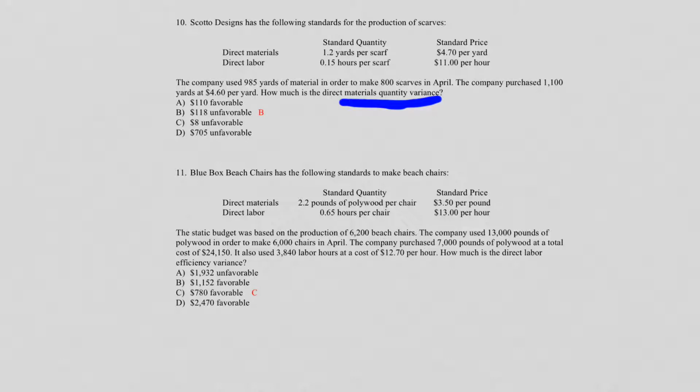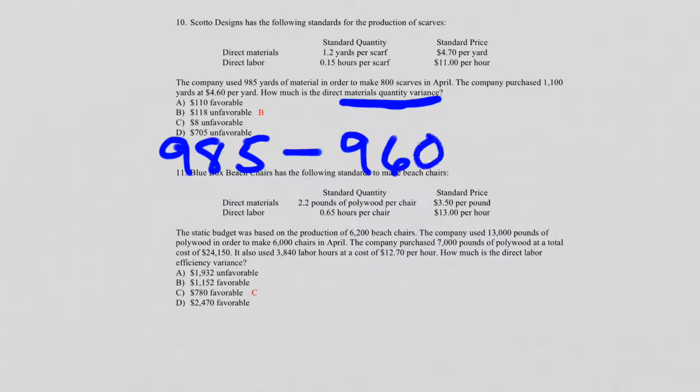All right, so actually used was 985, so we'll write that down first. Again, you may have another way of doing the same thing. I just like to do the what did we use first. How much were we budgeted to use to make 800 scarves? For 800 scarves, the budgeted amount would have been 1.2 yards per scarf, or a total of 960. So this was the budget.